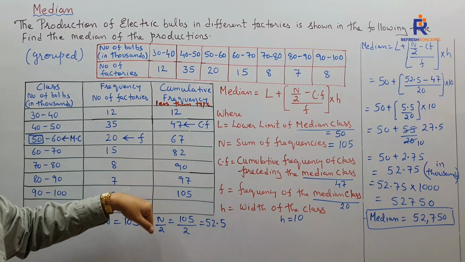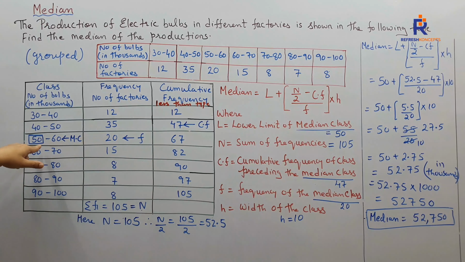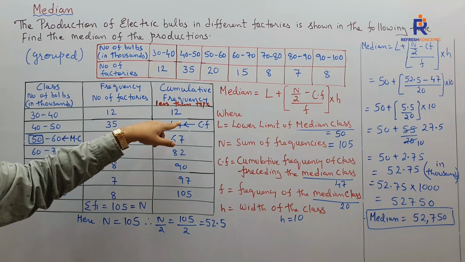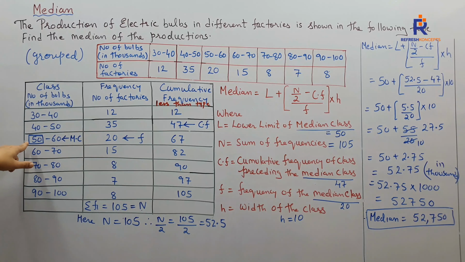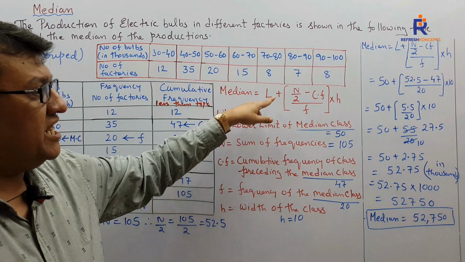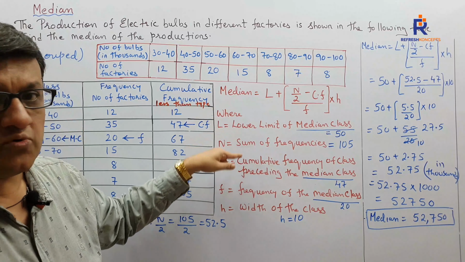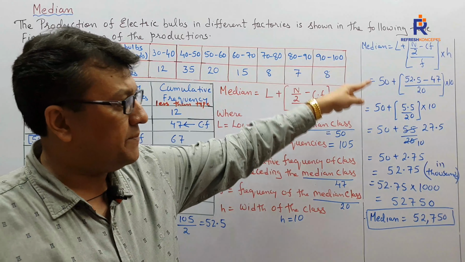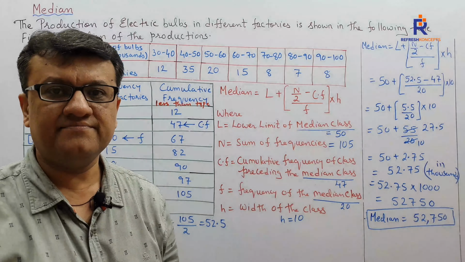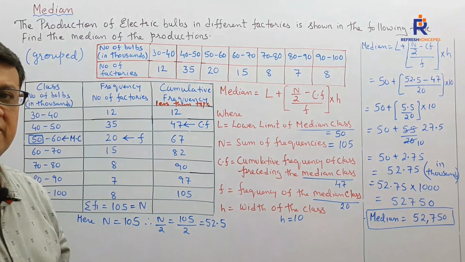Corresponding to that will be the median class. Once we are done with that, we can find the frequency, the cumulative frequency, and the lower limit. Formula: L plus (n by 2 minus CF) by F into H. These are the list of things, right? Apply, get the answer. I hope my children have understood this.